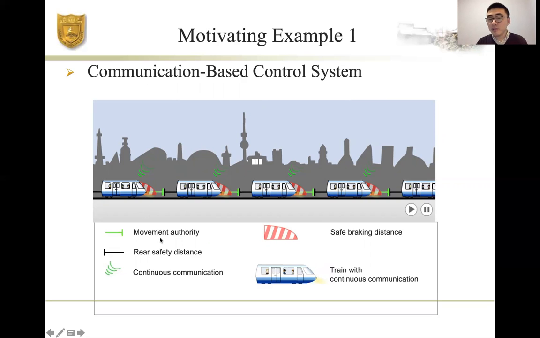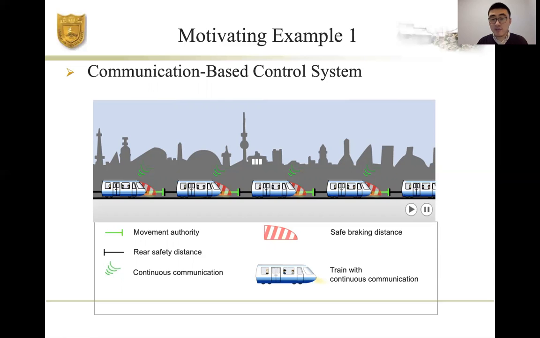The green bar means the movement authority. What's the movement authority? It's a term used in train control. It says that before the next communication with the central control center, this train can only reach this point. This is the authority for your movement. You cannot move beyond these green parts.